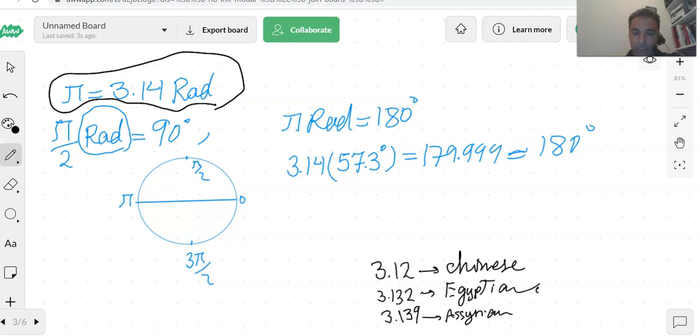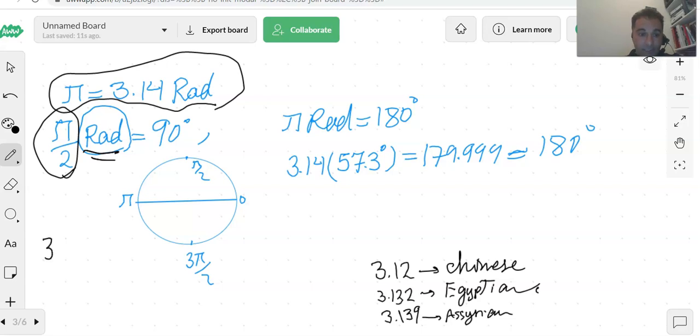So the unit of pi is radian. When we say pi over 2, what is the unit of pi over 2? It's radian, correct? Which is equal to 90 degrees. Why do we say it's 90 degrees?